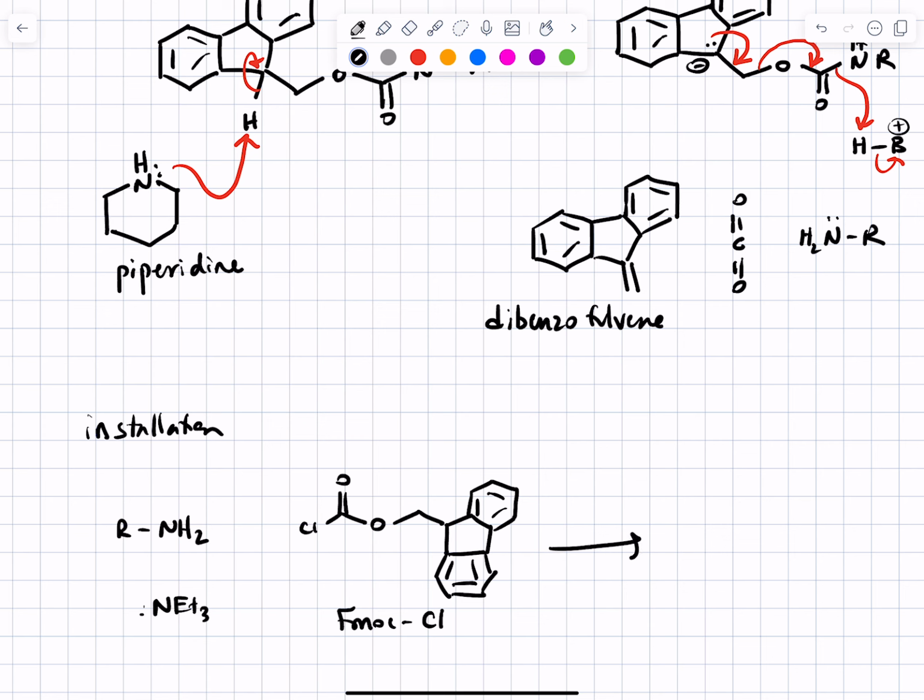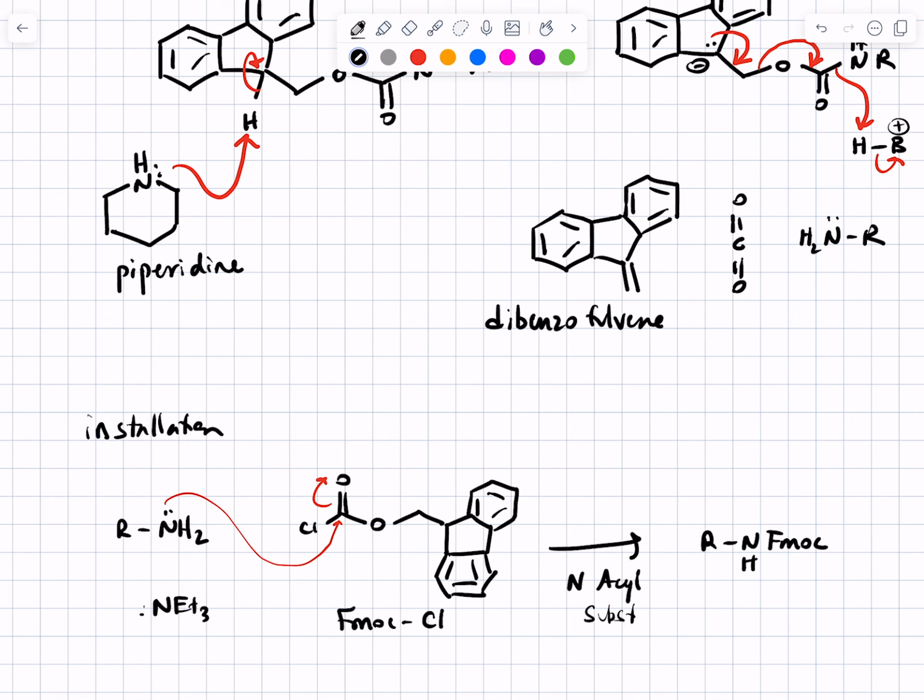It's basically nucleophilic acyl substitution. That is, you're going to have nitrogen attack the carbonyl carbon, get a tetrahedral intermediate, base will assist with proton transfer, and then the chloride leaving group gets kicked off. That's how you install the FMOC group. And of course, the product from that you can write just like this.